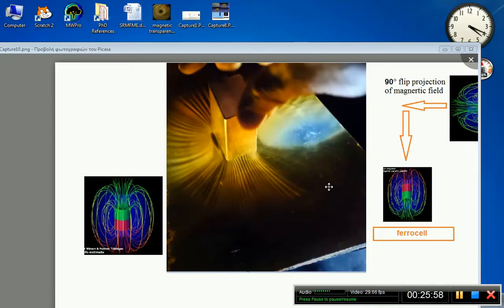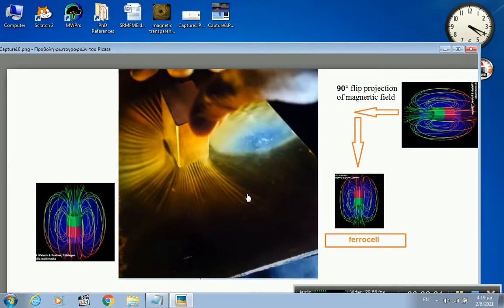And of course the ferrofluid is not diluted, or very little diluted. It's not like the actual ferrocell, which is very heavily diluted. And so the thin film layer is not 10 or 20 microns, probably it's 100 microns thick. So this is more on the macroscopic side of behavior. It has a lot of coherence. But we see here what is going on.